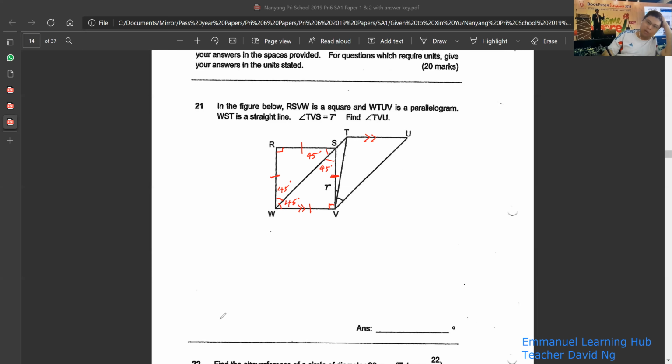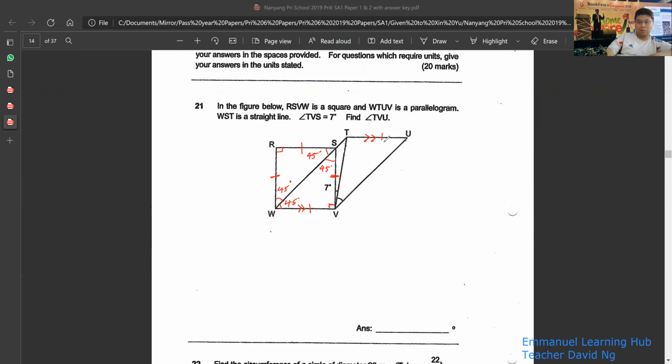You get the hint I'm trying to tell you? Length of TU is the same as WV.